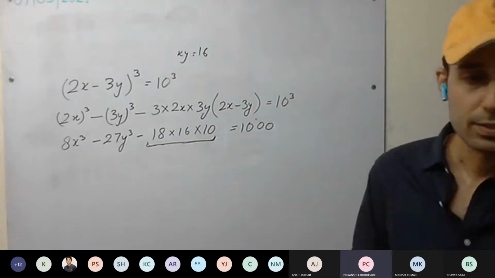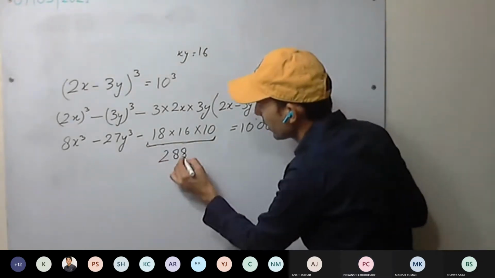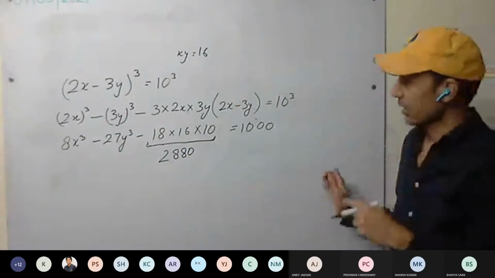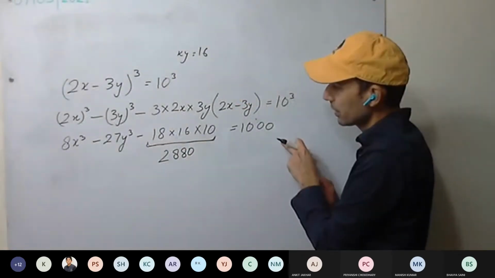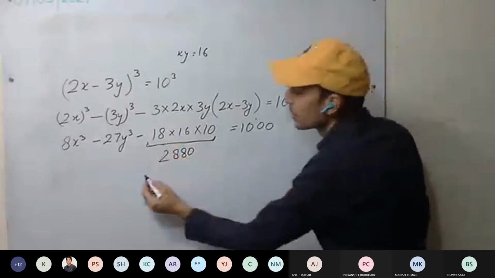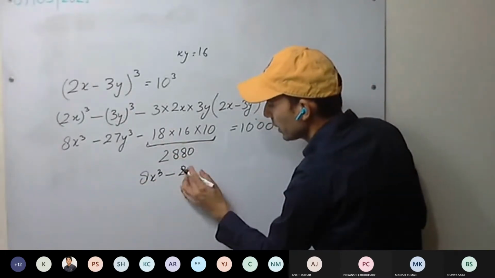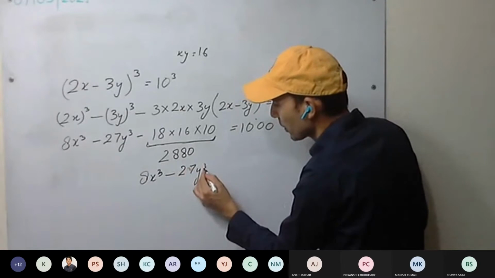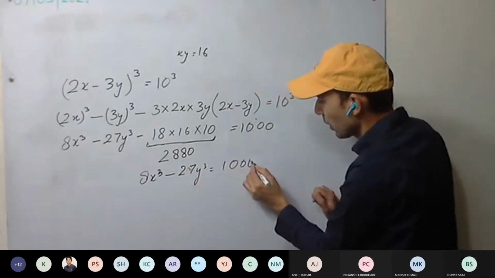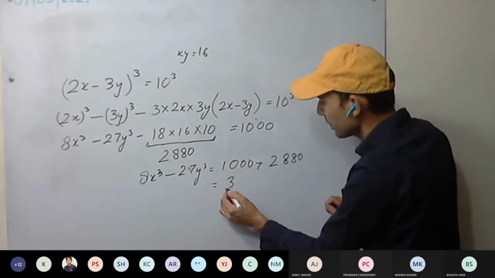How much have you got? 2880. 2880, that's correct. This much you will be getting. So separate this one, it will be separated here: 8x cube minus 27y cube equal to 1000 plus 2880. You can easily add them.